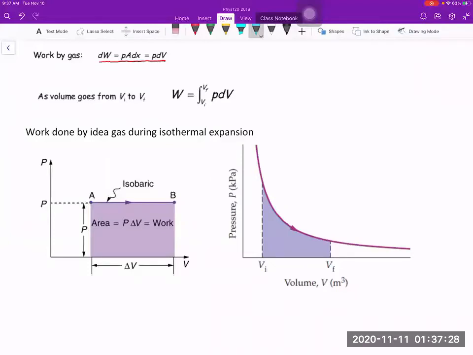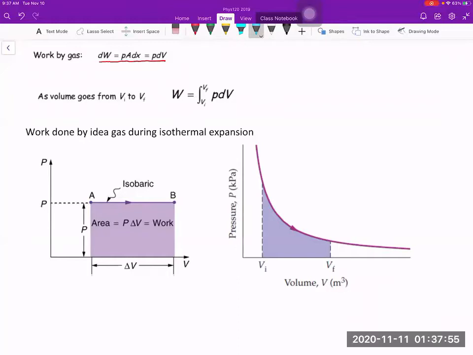The pressure and the volume are state variables. When you have a different pressure or different volume, that represents a different state. Another state variable is the temperature. But normally we use the x and y axes as the pressure and volume to describe this kind of process.